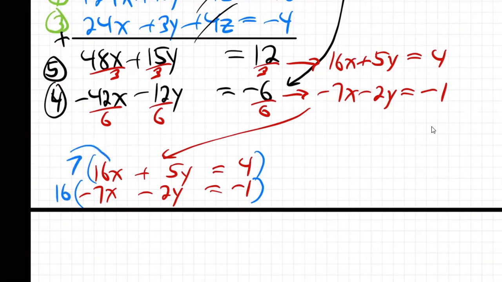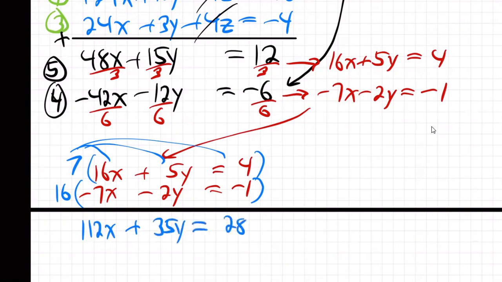So then this will multiply on through. So I'll get, what's that, 7 times 16? I don't know. Whatever it is. It's going to be 112. 112x plus 35y is 28. That's the top equation. And then the bottom equation is negative 112x, right?